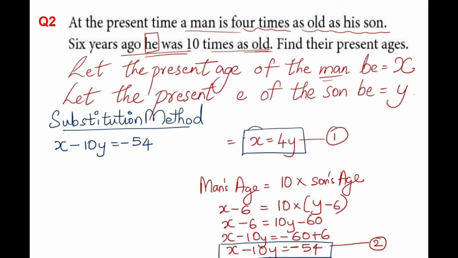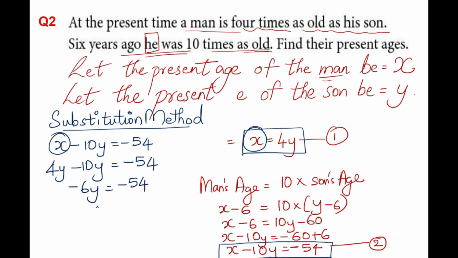I'm going to replace the value for x here with 4y. So 4y minus 10y is giving me negative 54, which is negative 6y equal to negative 54, and the value for y is equal to 9.